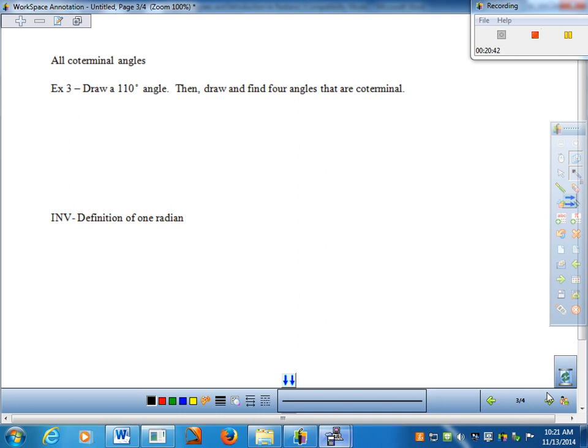So what I have on my paper just for this next piece, and I'll keep it straightforward and simple, is all coterminal angles differ by multiples of 360. And maybe we'll see this a little more concretely with the next example that's on your paper. So all coterminal angles differ by multiples of 360 degrees.